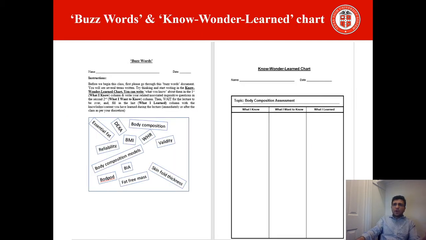Now, if you look at your handout, you will have this document which says buzzwords. The idea is that I want you to have a look at these words, try to refresh your memory, and if you can recall something about those words, whatever you know, whatever you have read anywhere, just write it in the first column of this know, want to know, learn chart.